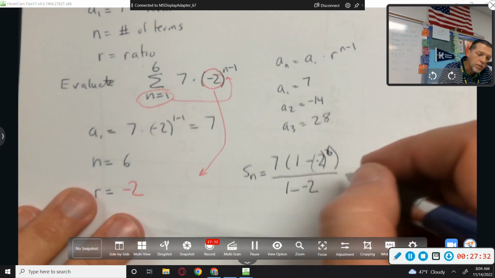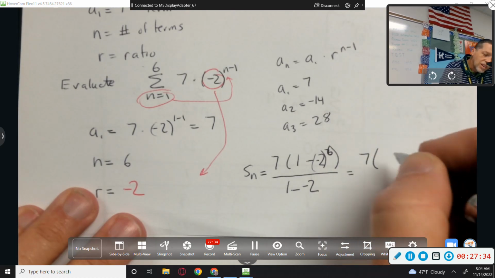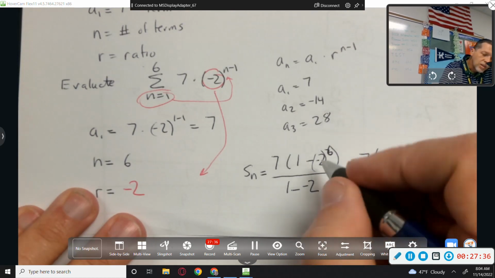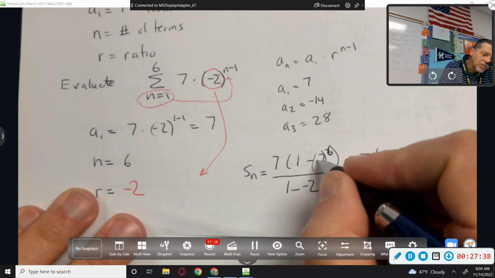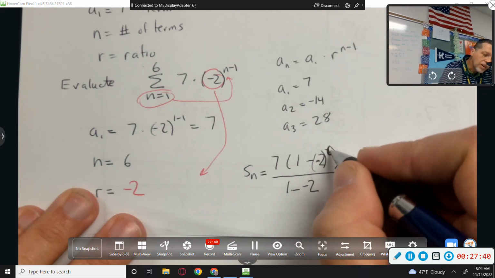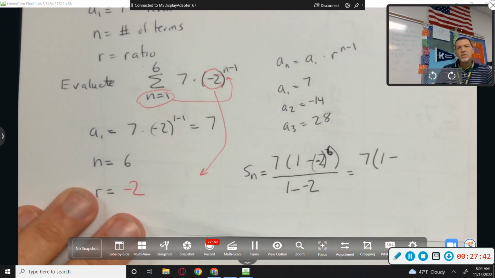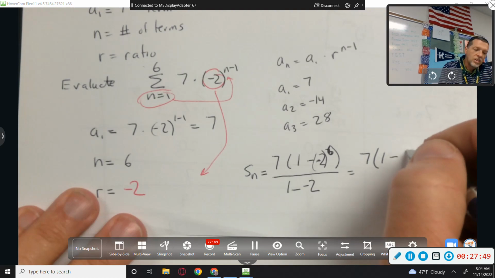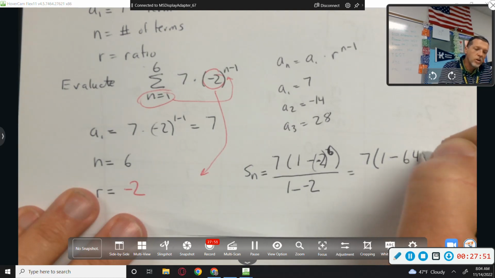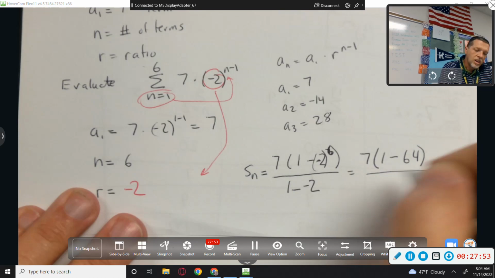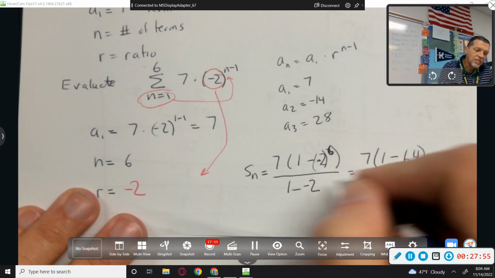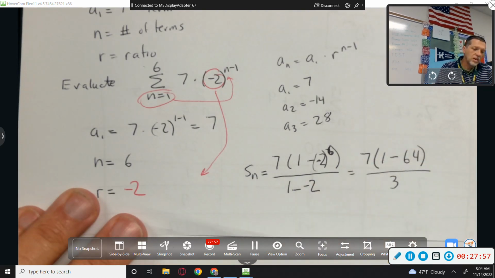So 1 minus, what's negative 2 to the 6th power? 2 to the 6th is 64. And then 1 minus negative 2 would just be 3.